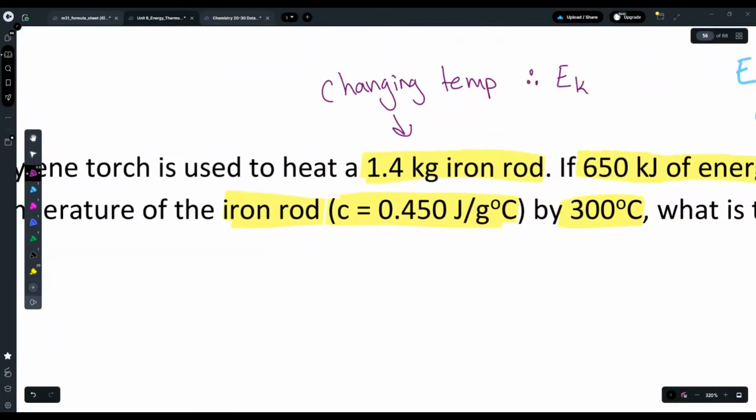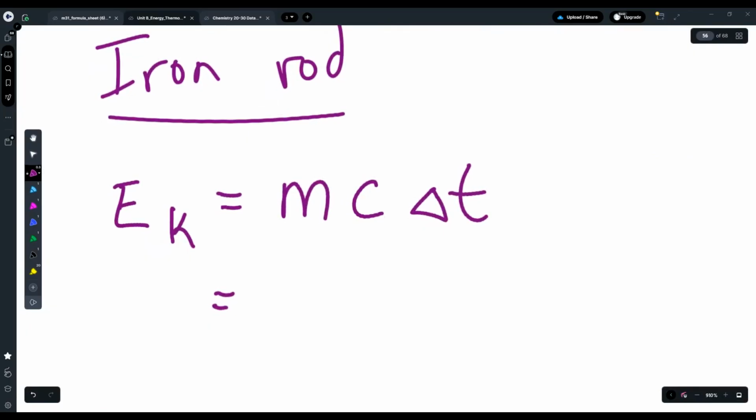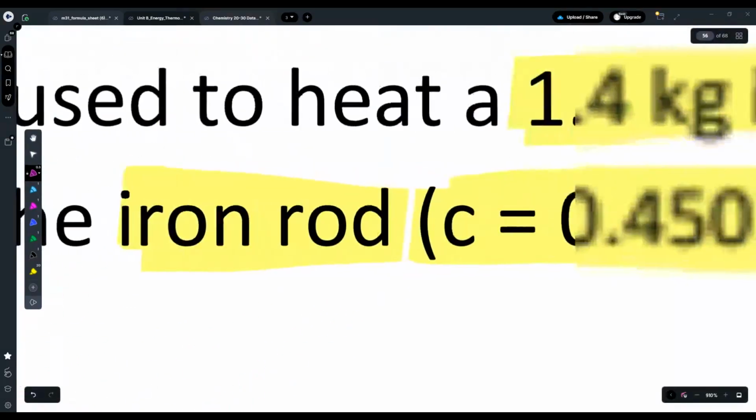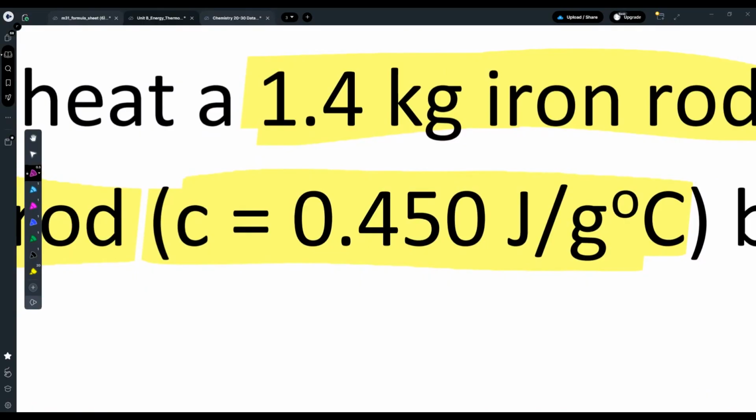The mass of the iron rod was 1.4 kilograms. For mass, you can either convert kilograms into grams, or you can change the units of your specific heat capacity from joules per gram degree Celsius to kilojoules per kilogram degree Celsius.